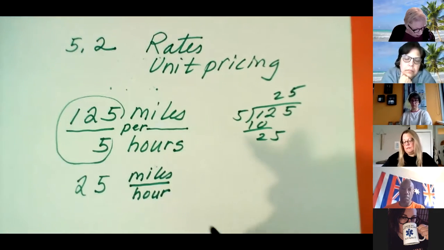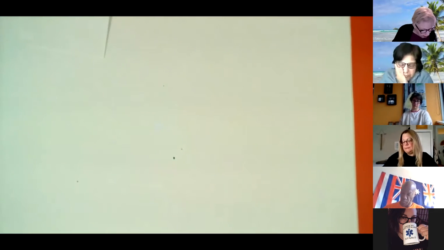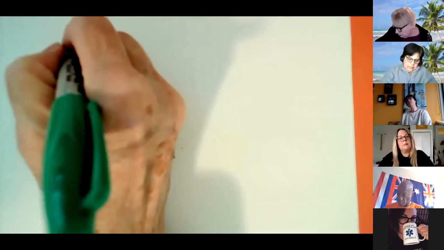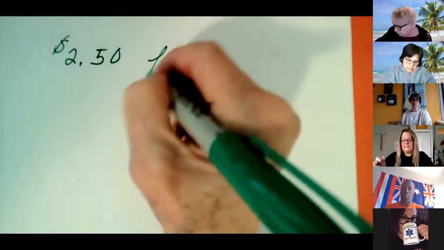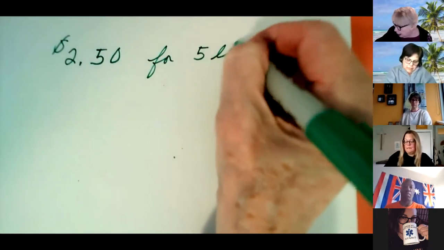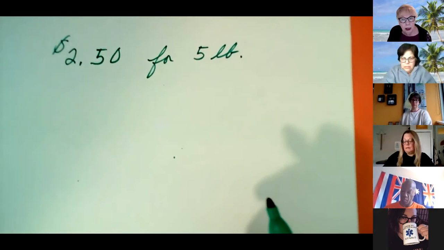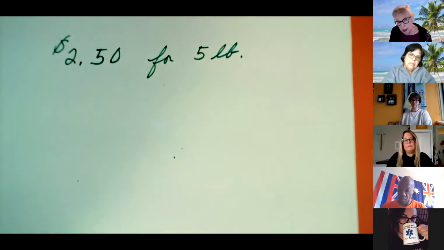So there's all kinds of examples where this might show up. So let me just make something else. If I paid $2.50 for 5 pounds of something, I don't know, vegetables, then I might be interested in what does it cost for 1 pound?